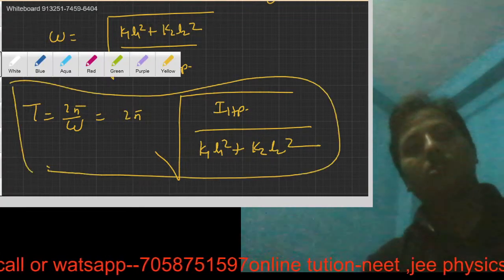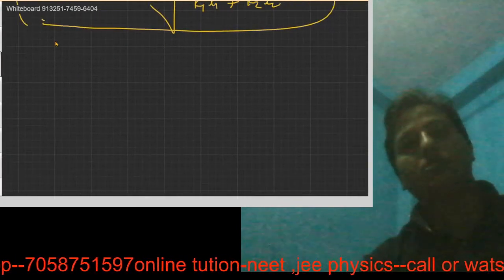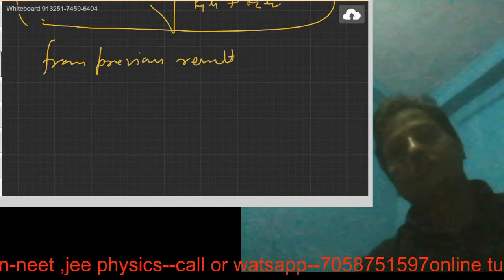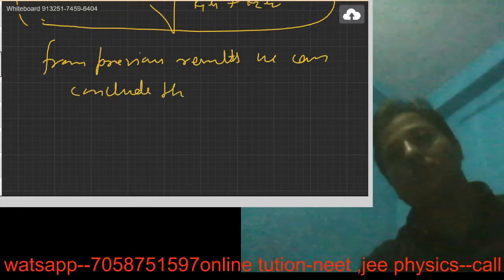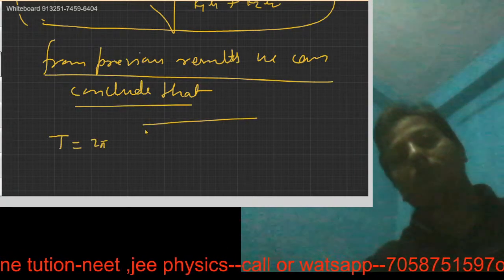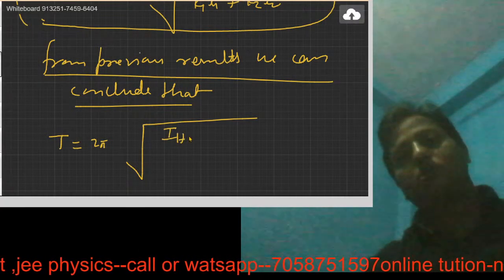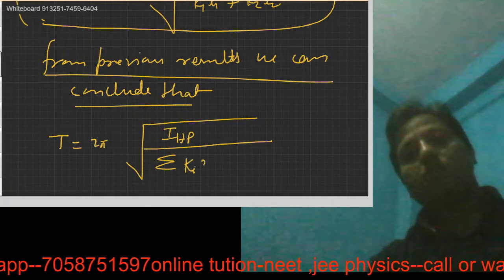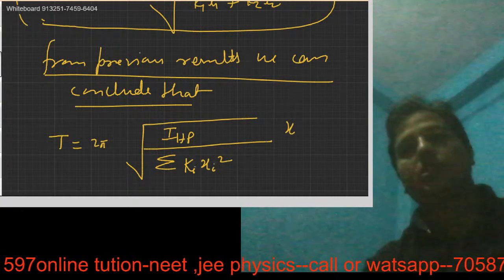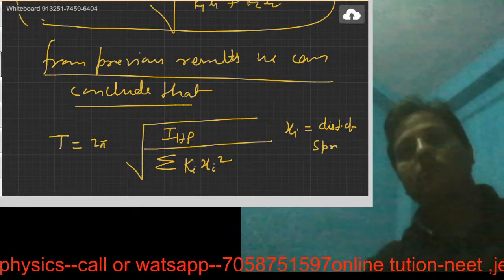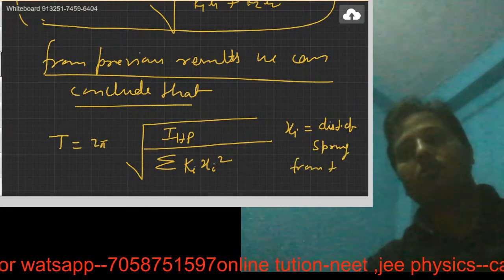From the previous two results, we can conclude that the time period is 2 pi times the square root of I about the hinge point divided by the summation of Ki xi square, where xi is the distance of a spring from the hinge point.